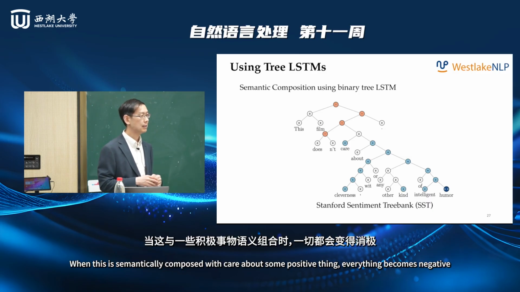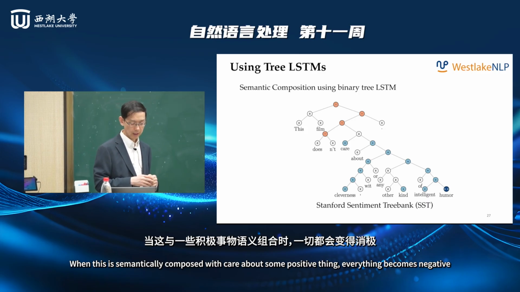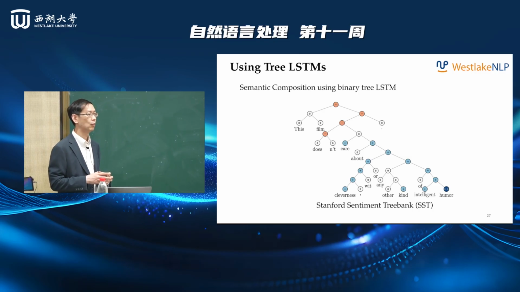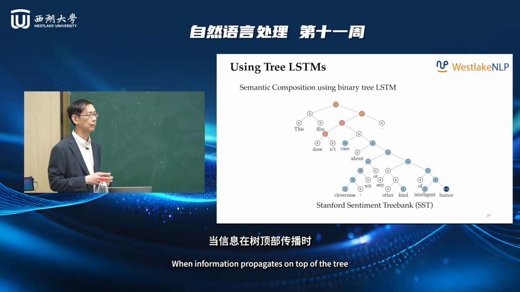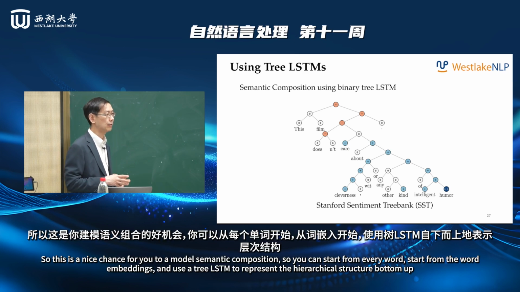When this is semantically composed with "care about" and the positive part, everything becomes negative when the information propagates onto the top of the tree. So this is a nice chance for you to model semantic composition.